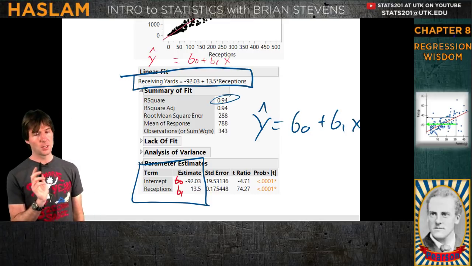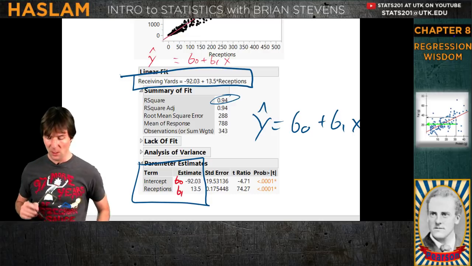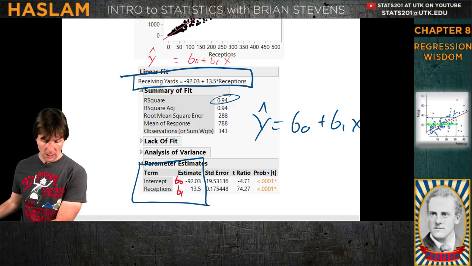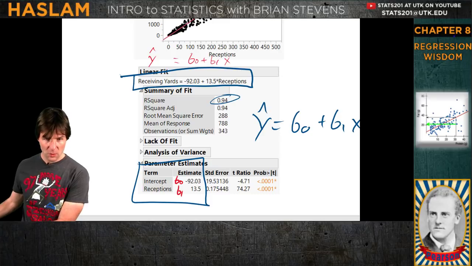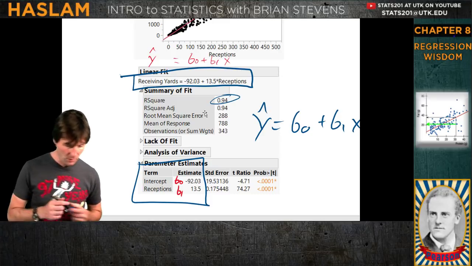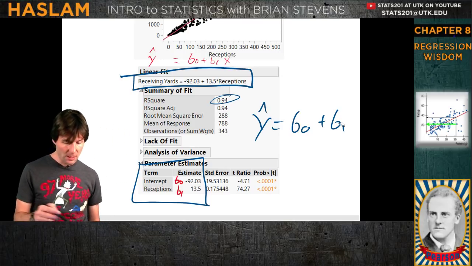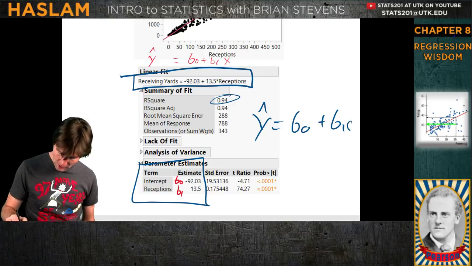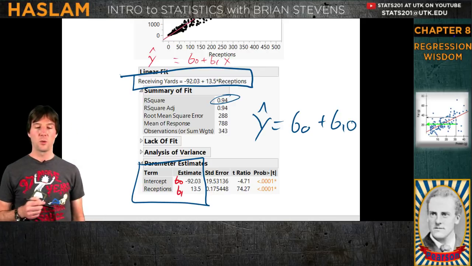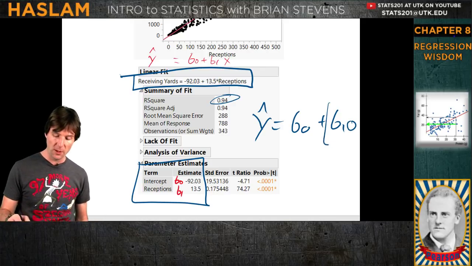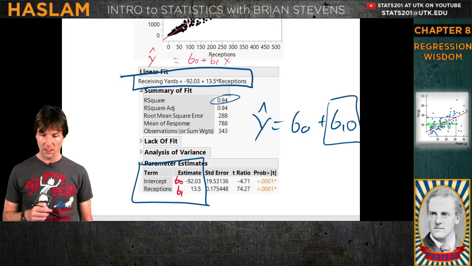I want to draw your attention to something though. If magically x was equal to 0, then what would the value be of the equation? If we put in 0 for x, what does this part of the equation become?